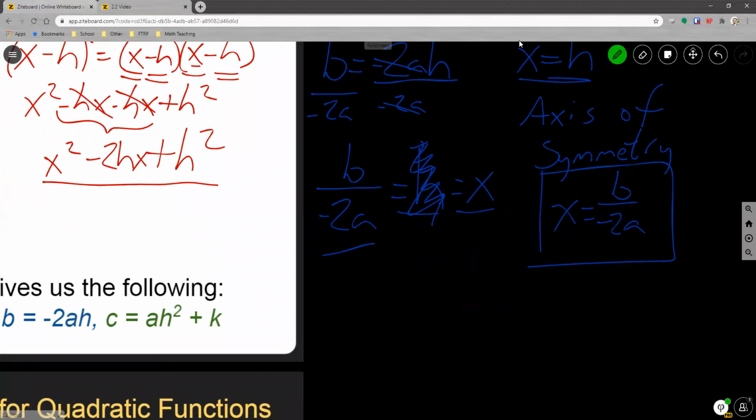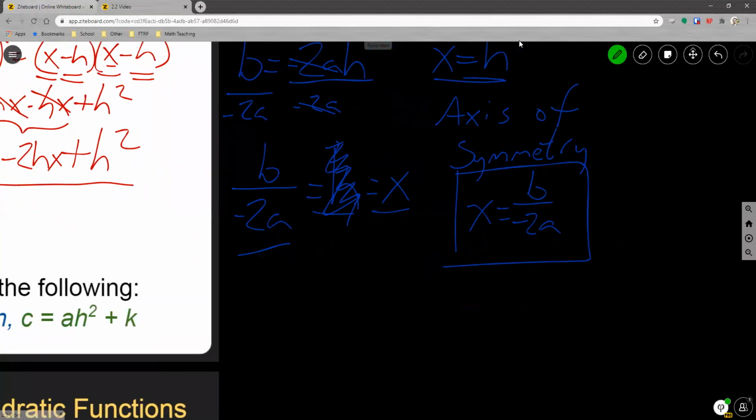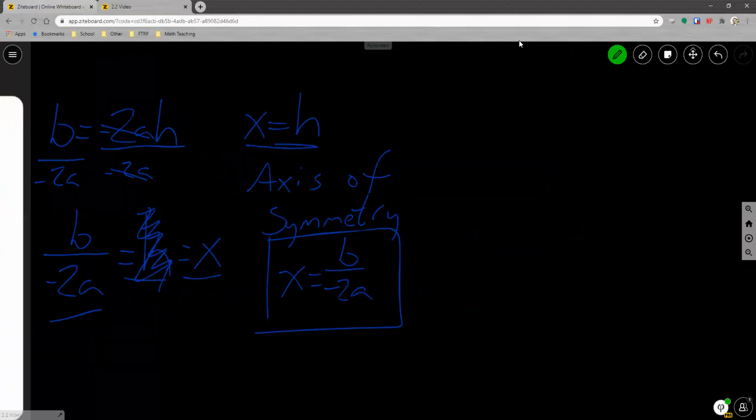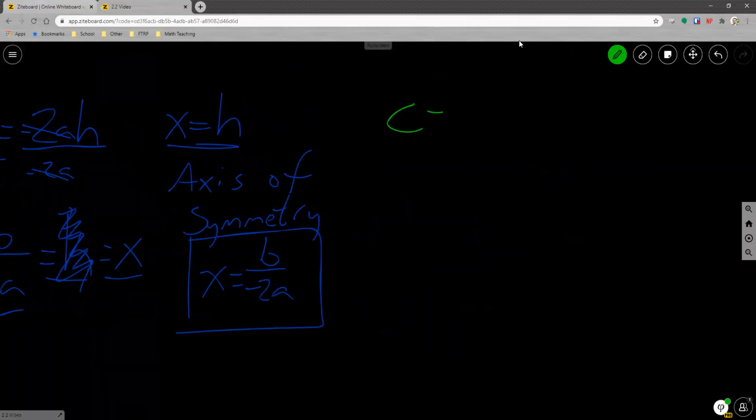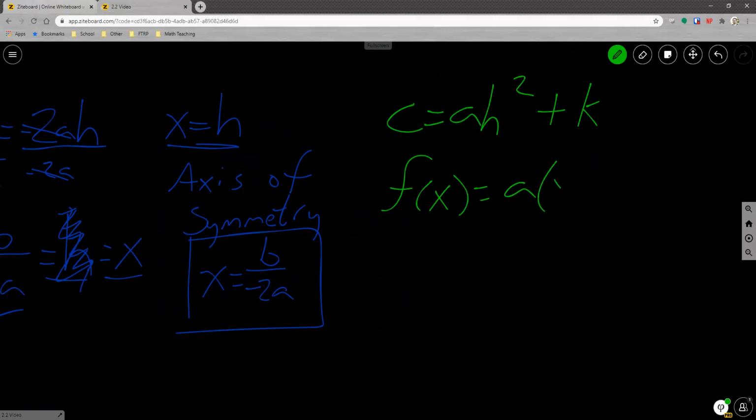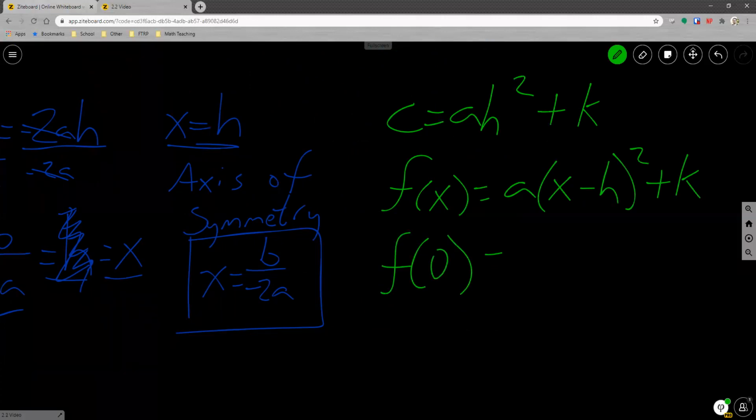Also, with our c value, we get some interesting stuff going on too. So with c, we know c is equal to a times h squared plus k. But if you think about vertex form, we know that vertex form looks like this. Well, what happens if I plug a 0 in for x?